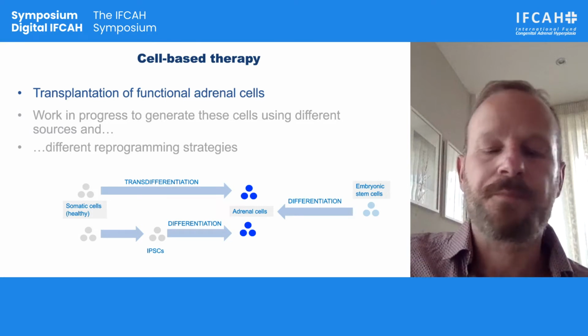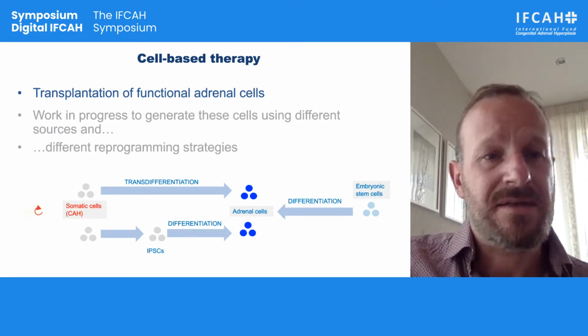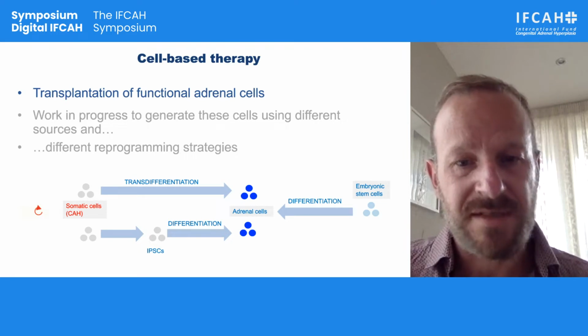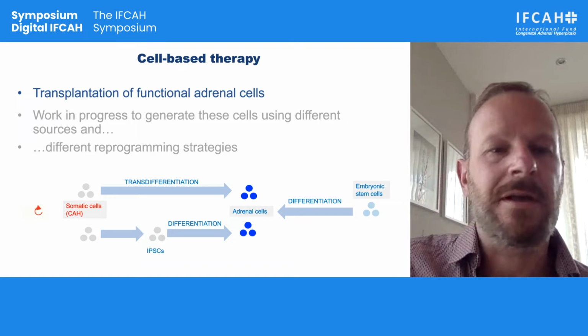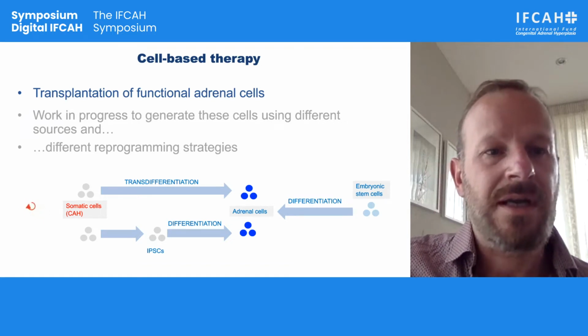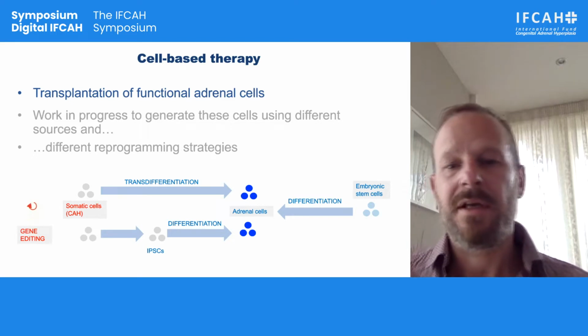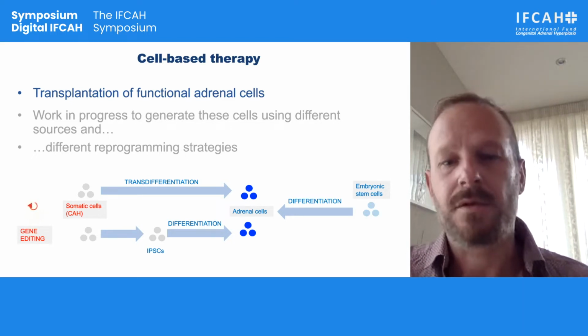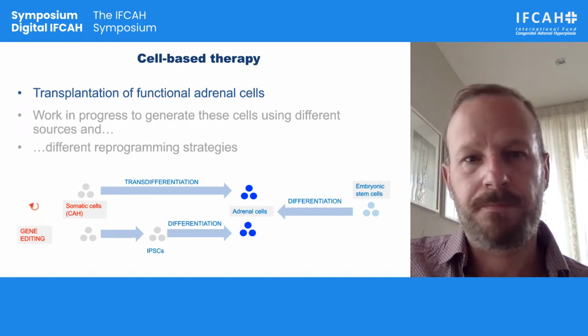But I just want to tell you that the somatic cells could also be obtained from a patient with congenital adrenal hyperplasia, and with a step of genome editing, the genetic defect could be cured prior to reprogramming.